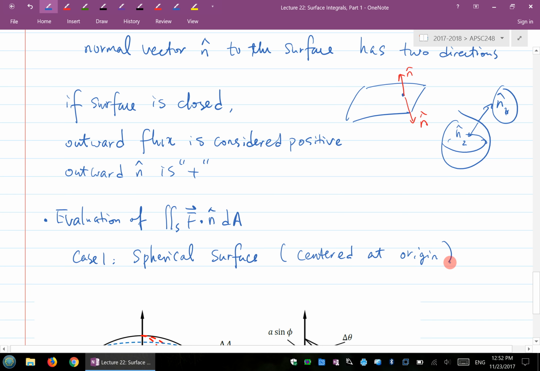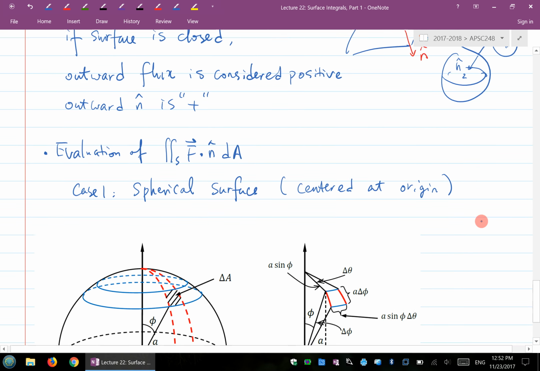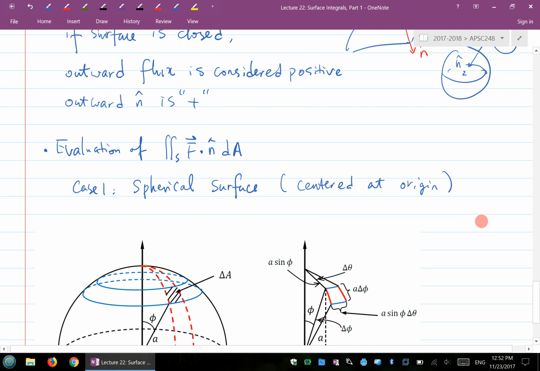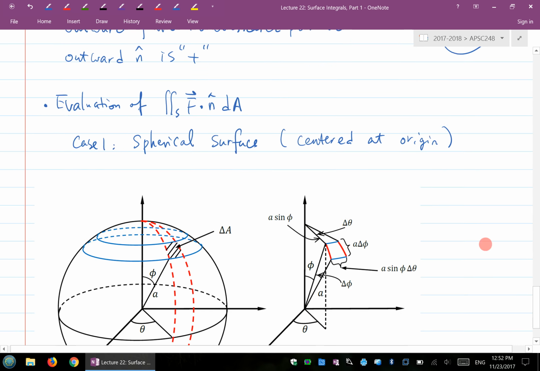If you have a surface like this, then what does this surface integral become? That's basically the idea. Next we'll look at a cylindrical surface, a plane parallel to xy, for example, and then we'll end up with a more general surface at the end. So that's the first case, the spherical surface.